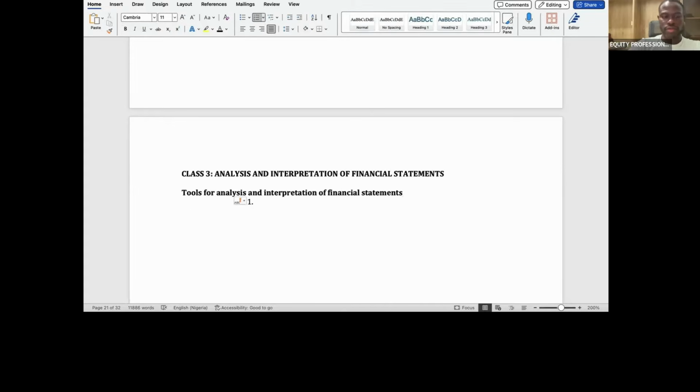The most popular one, the one that you are going to find in your exam, is majorly ratio analysis. Basically, this is the one you are going to find in your exam for strategic business reporting. Of course, there are other tools for interpretation, and another of them is statement of cash flows. Statement of cash flows is another tool that is used for analyzing financial statements of an entity.